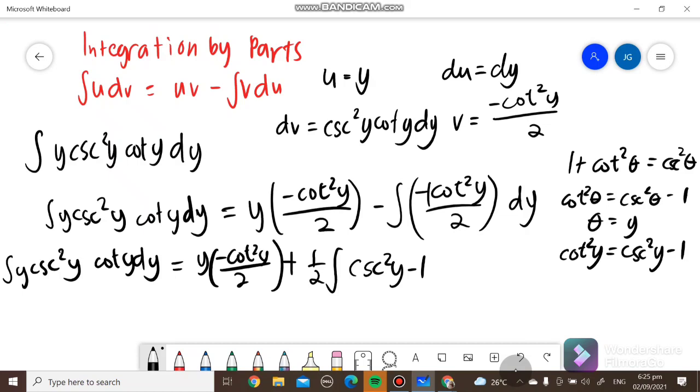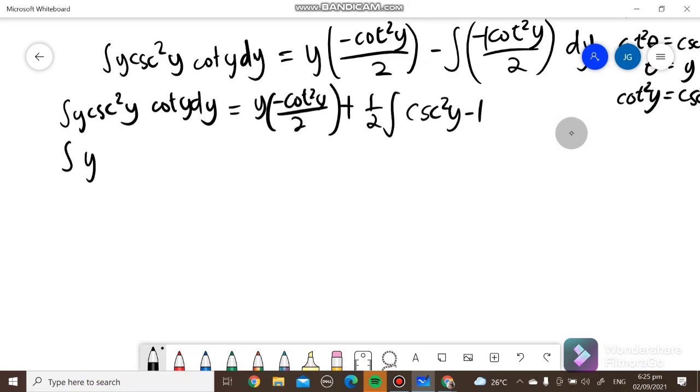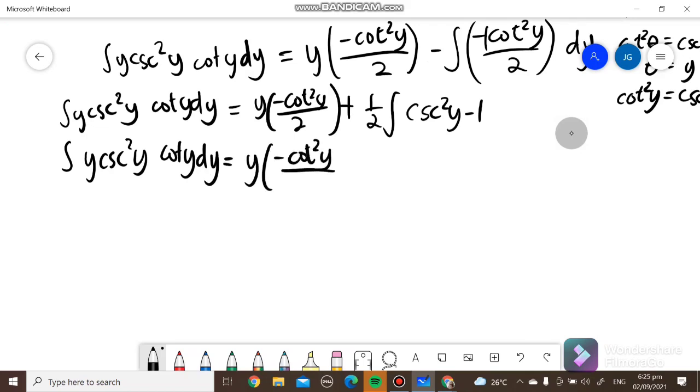So, integrating it, we will have the integral of y cosecant squared y cotangent y dy is equivalent to y multiplied by negative cotangent squared y all over 2 plus 1/2 the integral of cosecant squared y minus 1/2 dy.